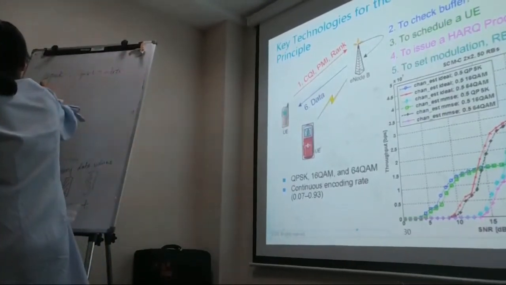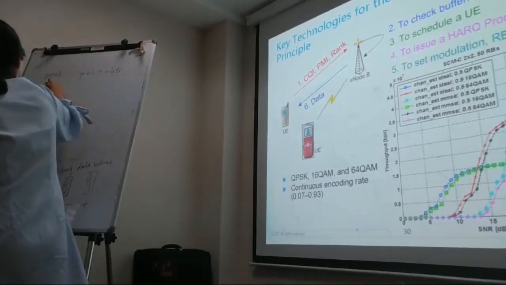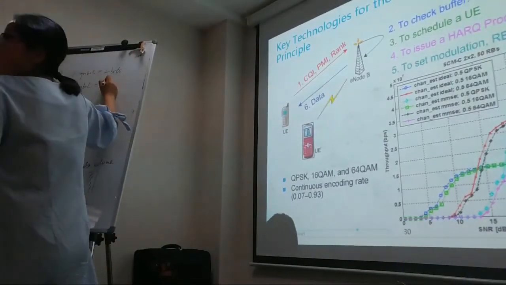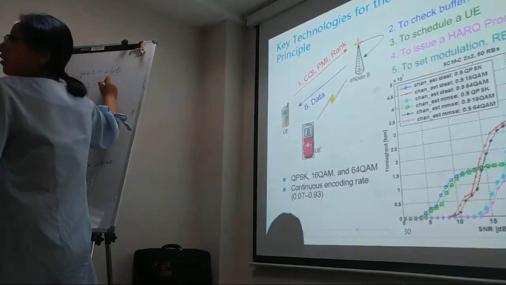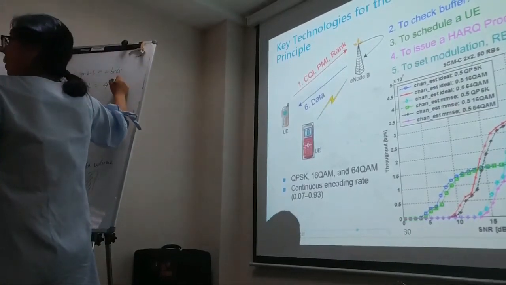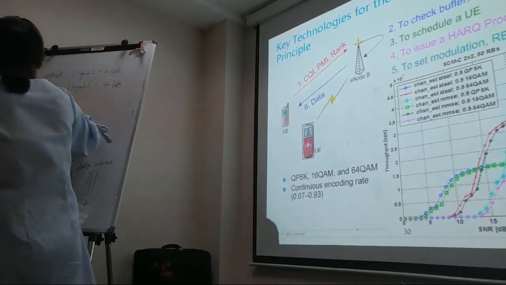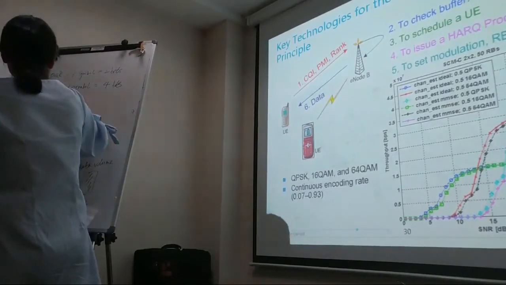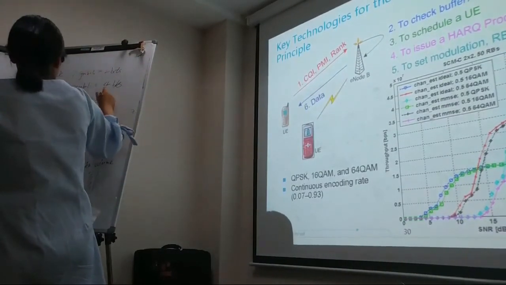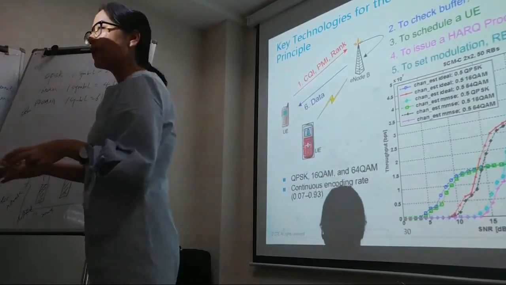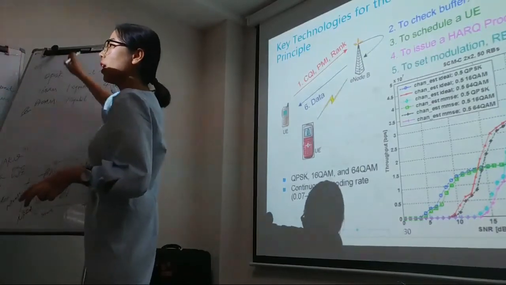And for 16 QAM, one symbol is how many? 4 bits. 64 QAM, one symbol is 6 bits. So for different channel quality, there is a different modulation level.